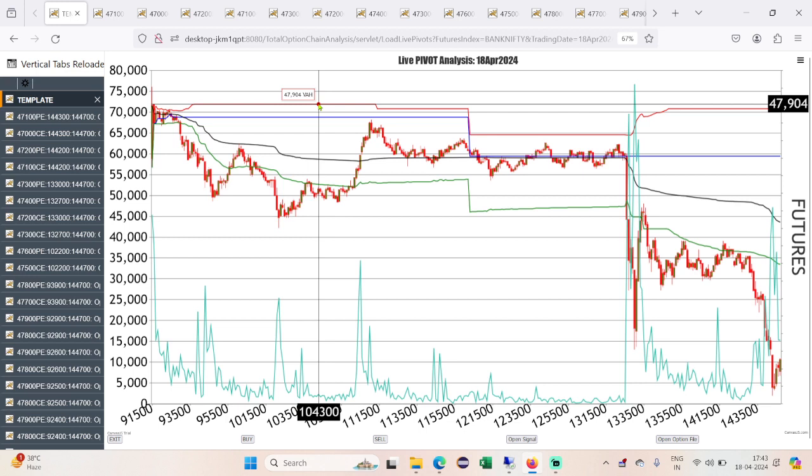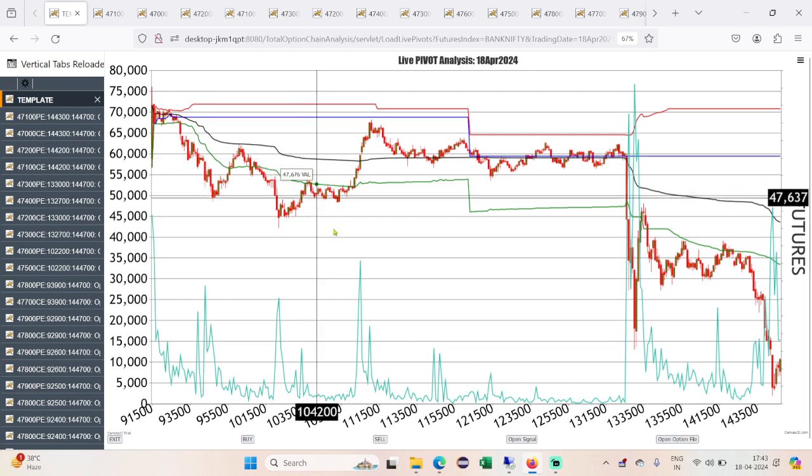Okay, and most of the volume has been traded at 47,867. This is just for display purposes, but it actually tells you how the volume is distributed. The volumes, the contracts that have been exchanged between the buyers and the sellers, have been distributed till any point of time. Okay.